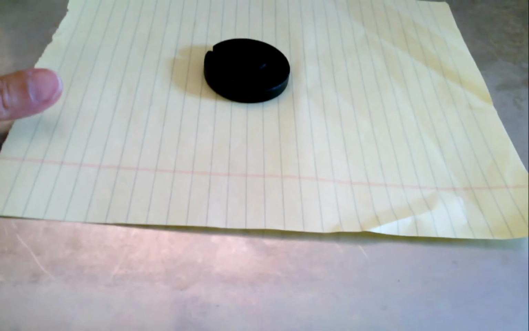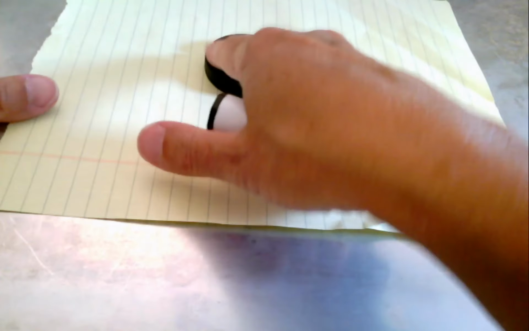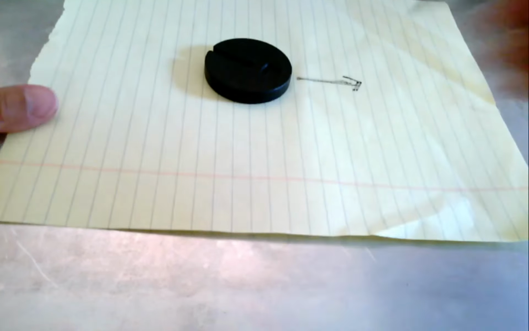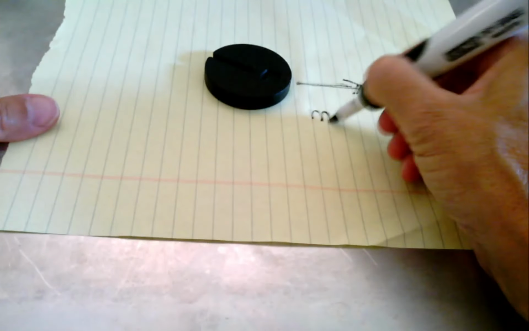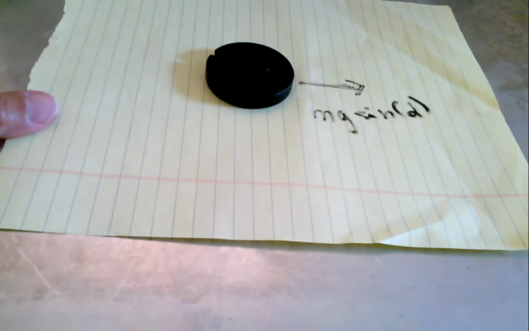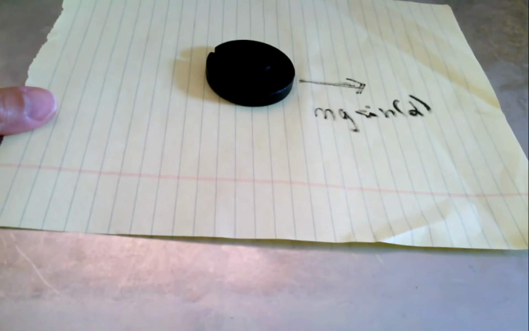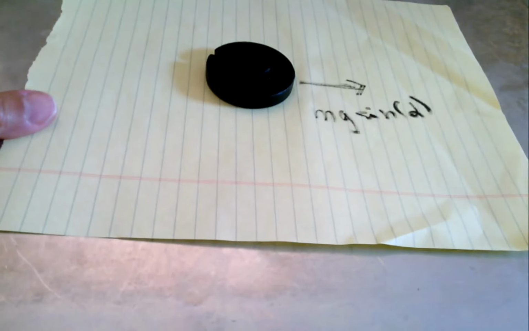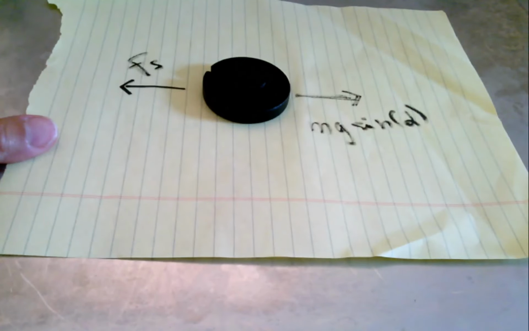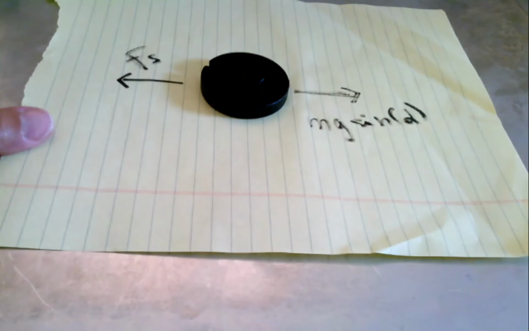So just to show you that when you have an inclined plane, you're going to have a force here pulling down. And that's going to be mg sine of the angle of the inclined plane with the horizontal. And here you're going to have the friction. So if it's static friction, that means they are equal to each other.